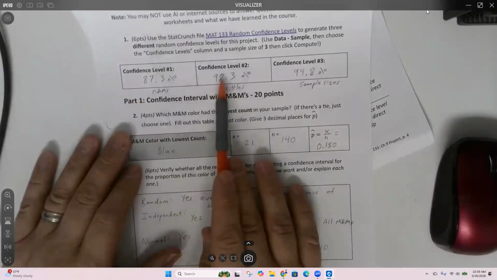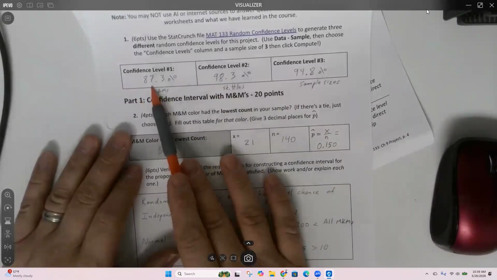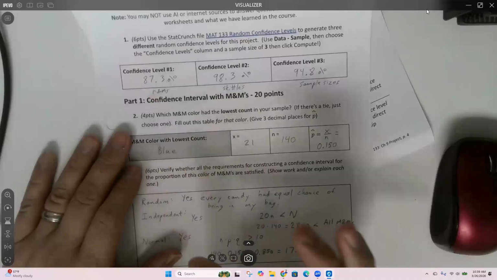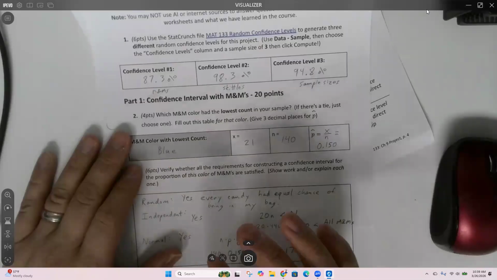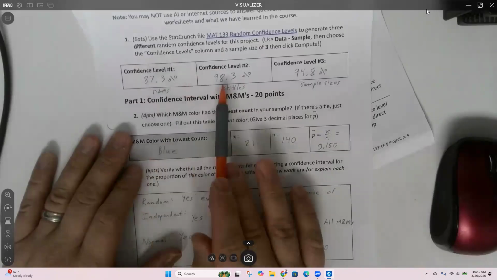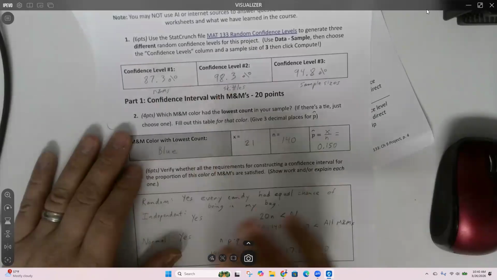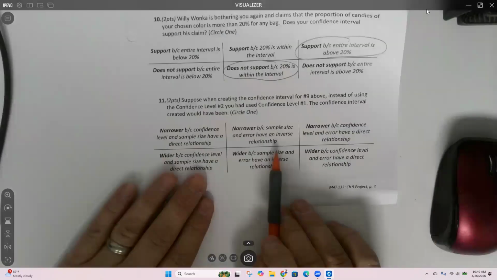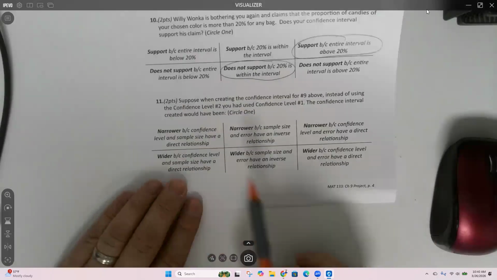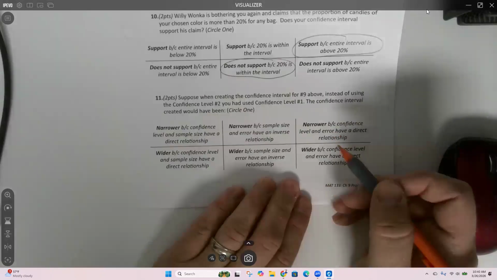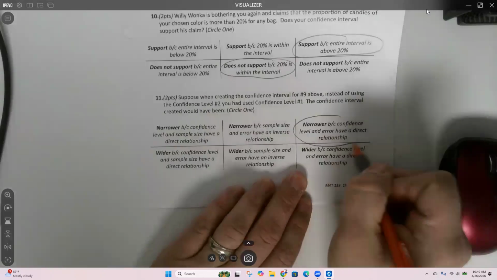If I hadn't used 98, if I'd used 87 instead, if I'd used a lower confidence, then I would have ended up with a narrower confidence interval. Small confidence levels mean small confidence intervals. Large confidence levels mean you have a very large confidence interval. Okay, so mine would have been narrower, because confidence level and error have a direct relationship.